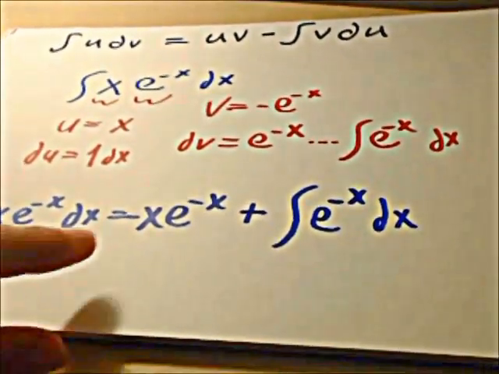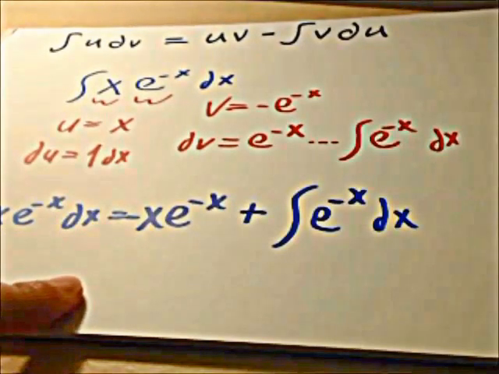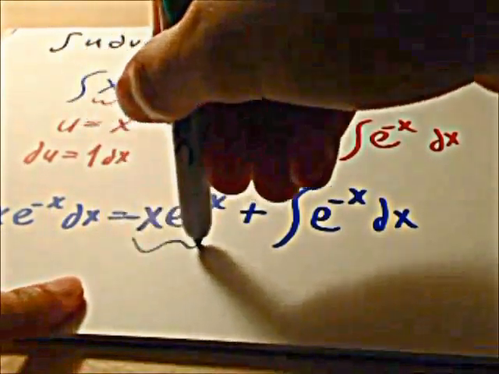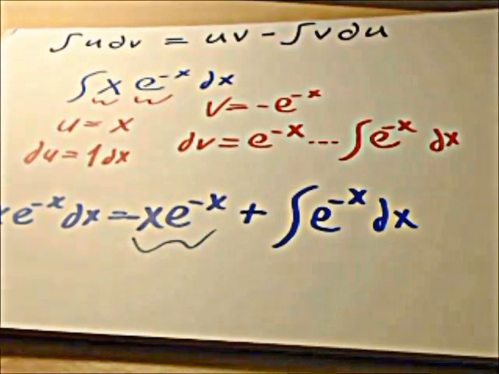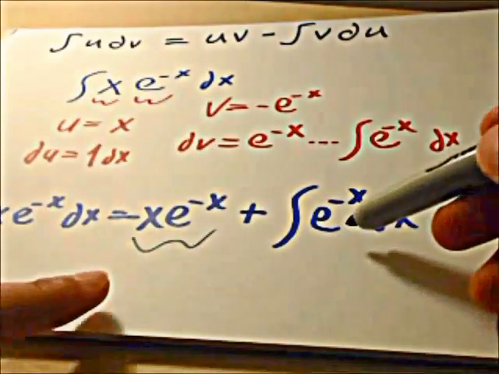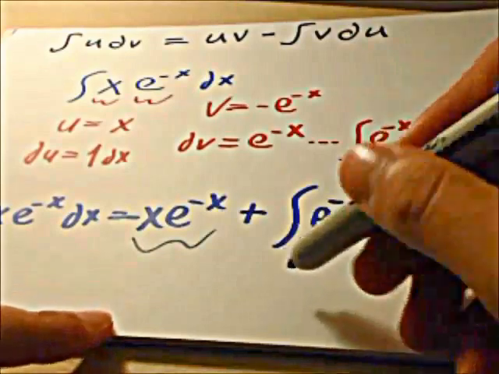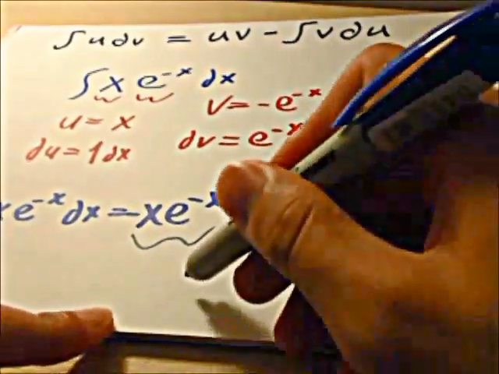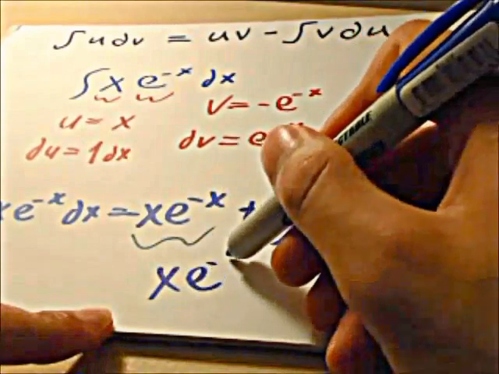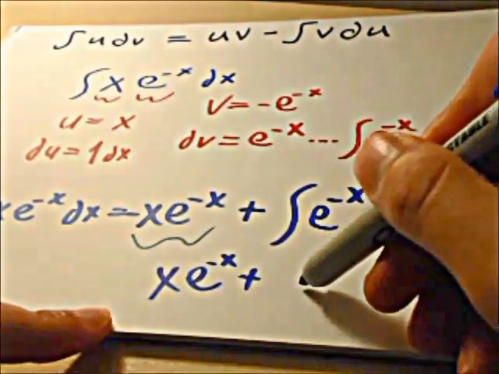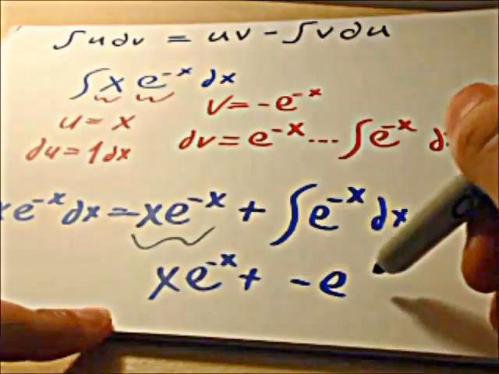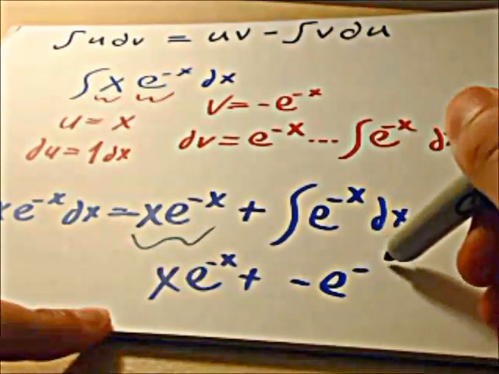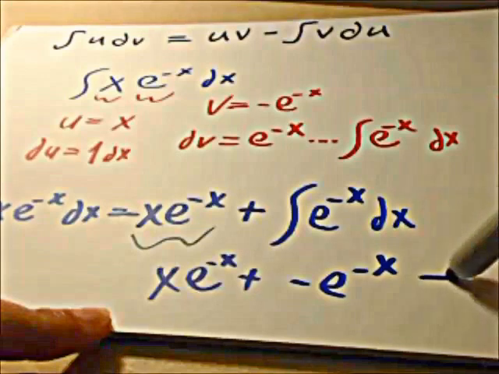Now we're done with this part, so I'm just going to integrate this part. Again, we just did the integration here. The integral of e to the power minus x is just going to be minus e to the power minus x, and then plus c.